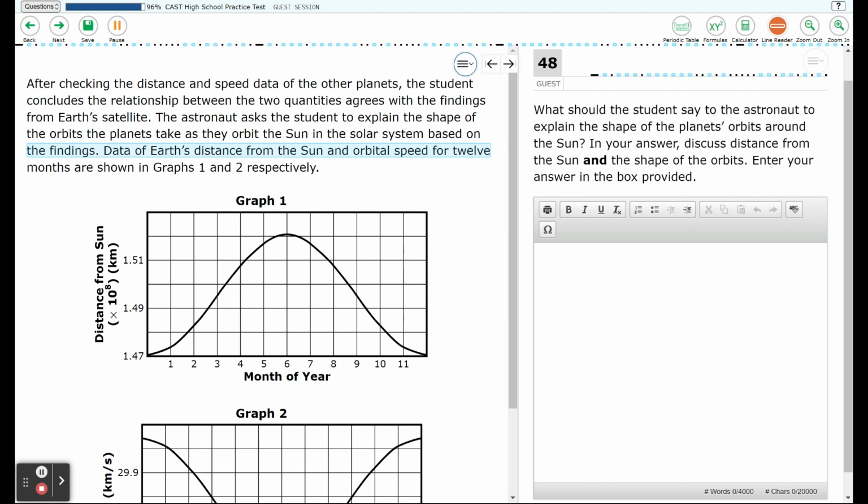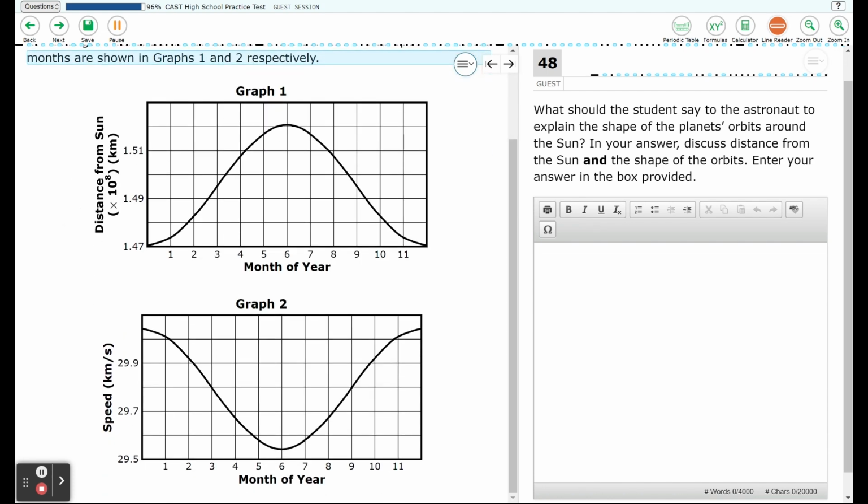Data of the Earth's distance from the Sun and orbital speed for 12 months are shown in graphs 1 and 2 respectively, the same graphs we just saw. What should the student say to the astronaut to explain the shape of the planet's orbits around the Sun? In your answer, discuss the distance from the Sun and the shape of the orbits. Enter your answer in the box provided. Go ahead and pause the video and type up your answer now.